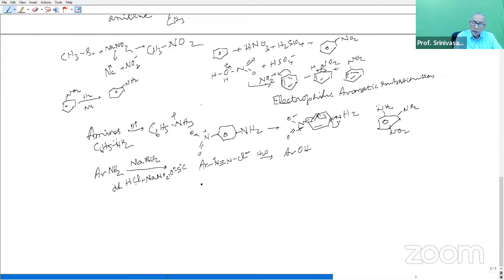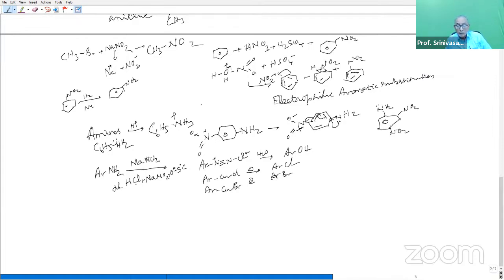You can heat it with cuprous chloride, you get aromatic chloro compound. If you heat it with cuprous bromide, you get aromatic bromo compound.